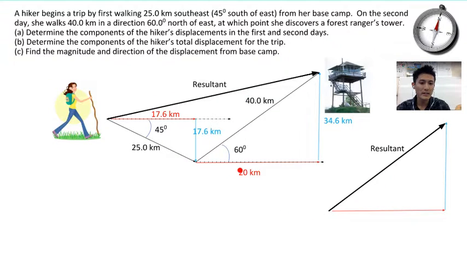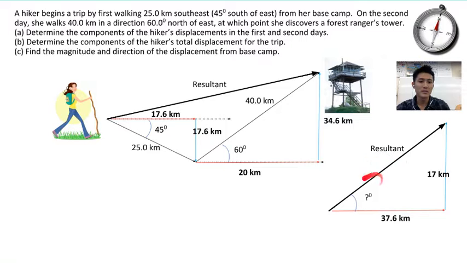The reason we subtract these is because they're in opposite directions: 34.6 is north, 17.6 is south. Since they're not in the same direction, we have to subtract them. That gives us the components for the hiker's total displacement. We calculate that. It's going to be 17 kilometers and 37.6 kilometers for the components of the total displacement.